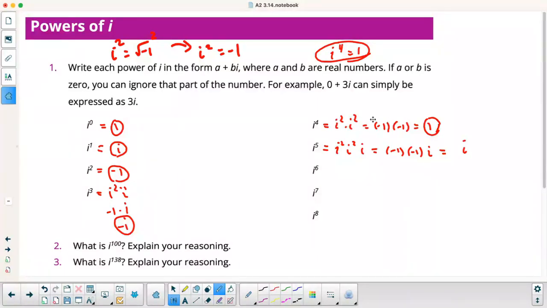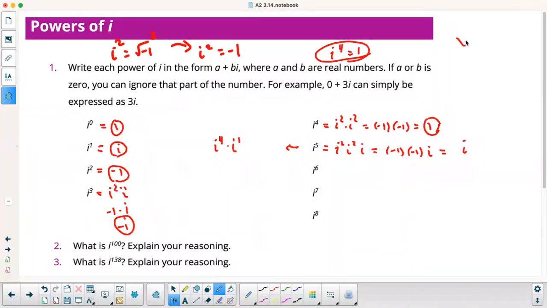We just showed it right here because i squared times i squared is the same as i to the fourth, and we know i squared is -1, so -1 times -1 gives me 1. If I wanted to write i to the fifth as i to the fourth times i, and again, why can I do that? Because when I add those powers, you know your algebra rules.